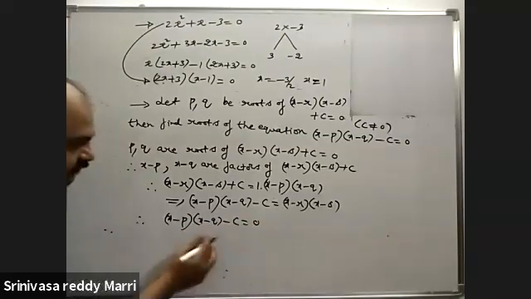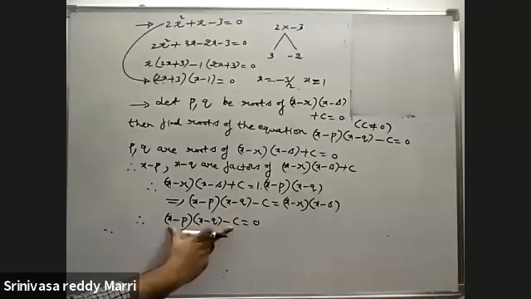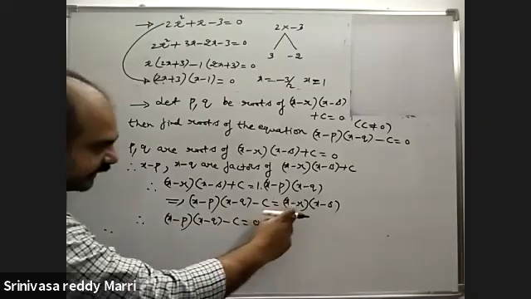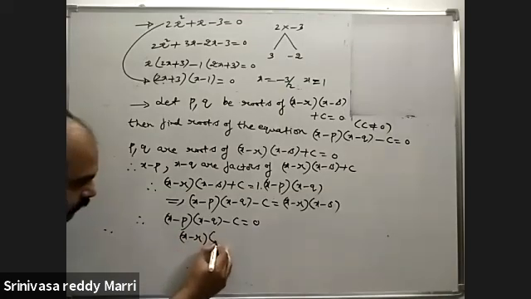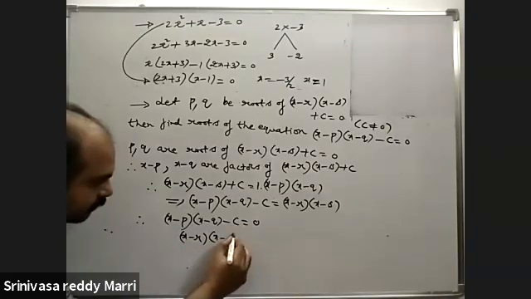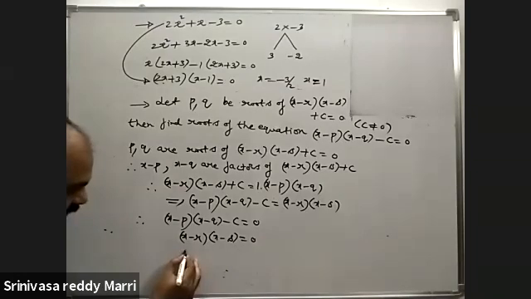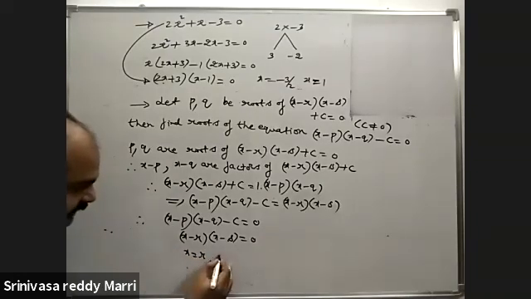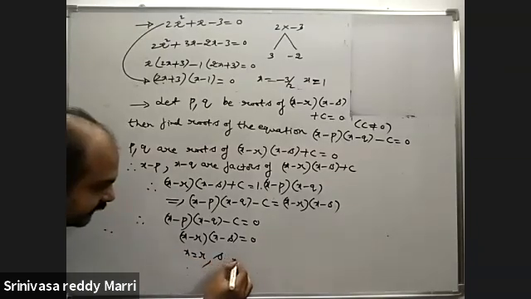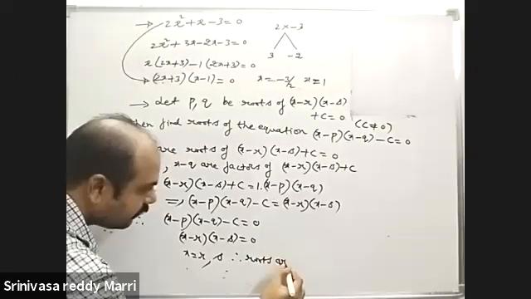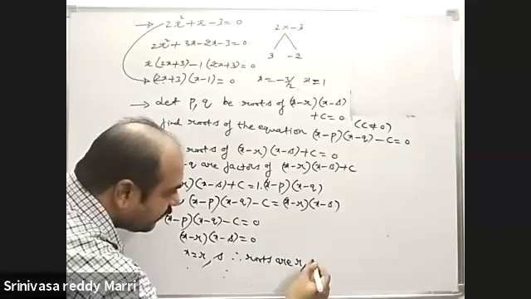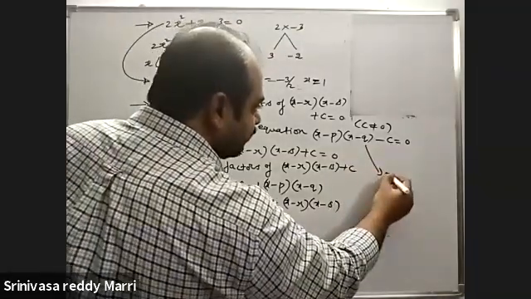He is asking to find the roots of this equation. This expression is nothing but x minus r into x minus s, so you got x equal to r, x equal to s. Therefore, the roots are r, s.